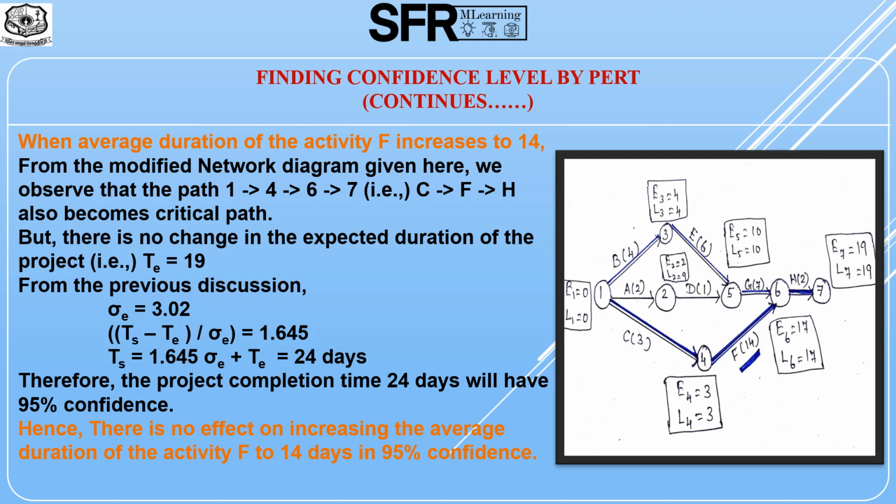Therefore, from the previous discussion, we get TS equal to 24 days. Hence, the project completion time of 24 days will have 95% confidence. Therefore, there is no effect on increasing the average duration of the activity F to 14 days in 95% confidence.